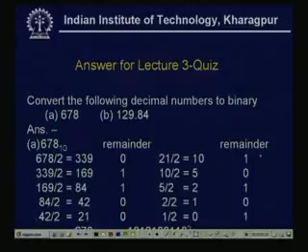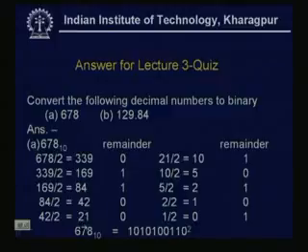The remainder is 1, the remainder is 1, then the next remainder is 0, the next is 1, like that, and this gives the answer for 678 in the decimal number system.